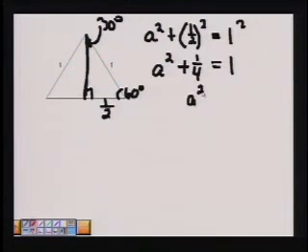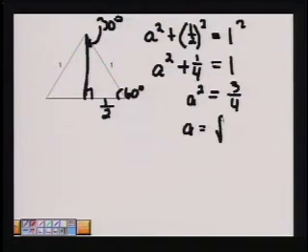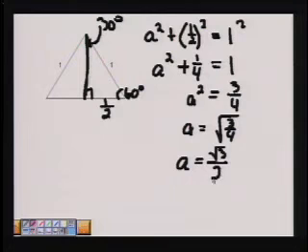Subtracting 1/4 from both sides, we get that a squared equals 3/4. So a is the square root of 3/4. And when I take the square root of a fraction, I just need the square root of the numerator divided by the square root of the denominator, which is just 2. So our third side then is radical 3 over 2.